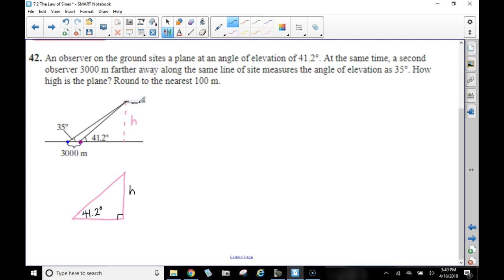Even though this is a right triangle, we don't have enough information using our trig functions quite yet to find that height. We need another leg or we need the hypotenuse. I think if we are able to get the hypotenuse, we'd have enough information to solve for the height.